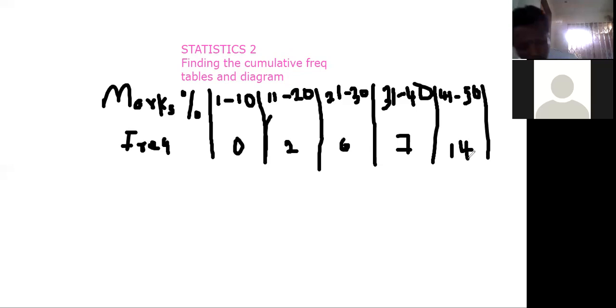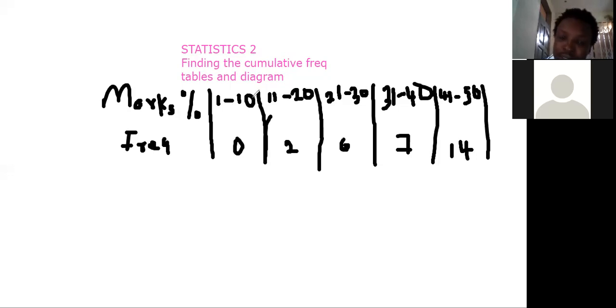Now we are going to find the cumulative frequency. First, we are going to use the class boundary, but this time we are not going to use the midpoint. What we are going to do is either add half or subtract half.